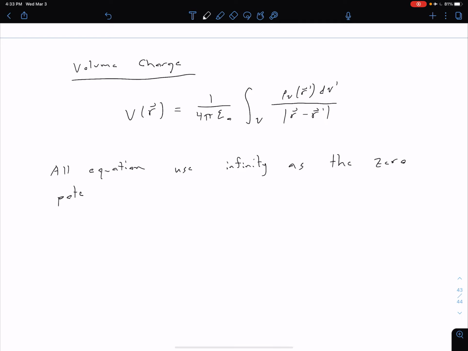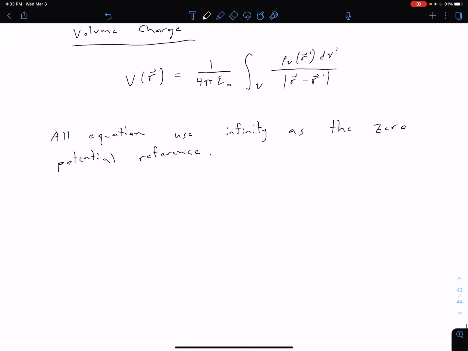And so this is because they were all based off of that equation we had for our single point charge, which, remember, we said let's make one of our points be at infinity and make that our zero potential.